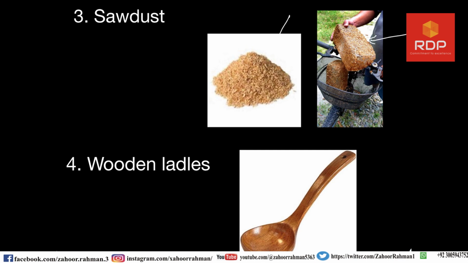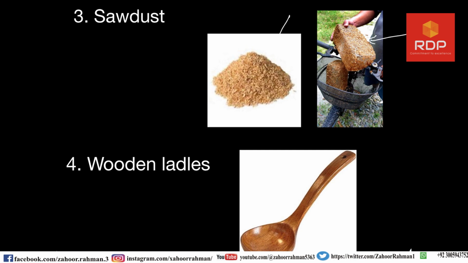Now the fourth one is wooden ladles. You can see the picture of wooden ladles. They are very useful for stirring or scooping hot soup, and also for scooping rice that has just been cooked.